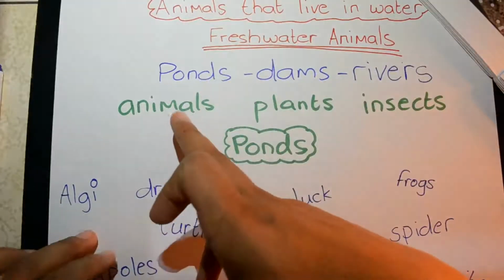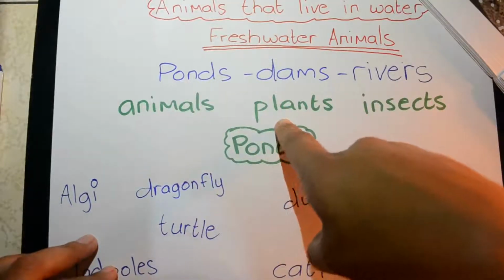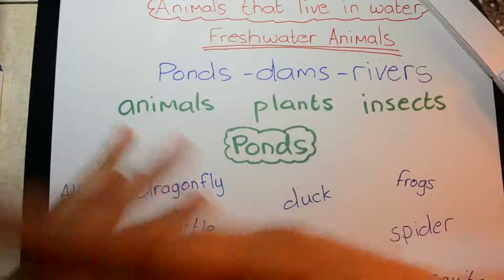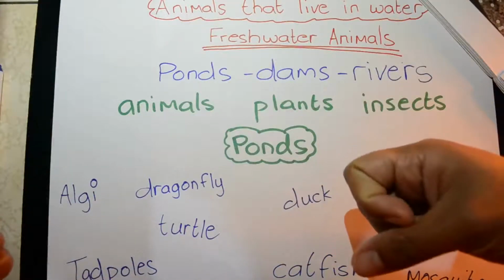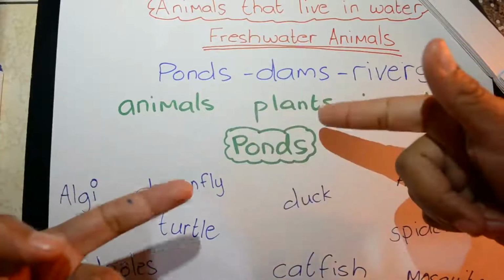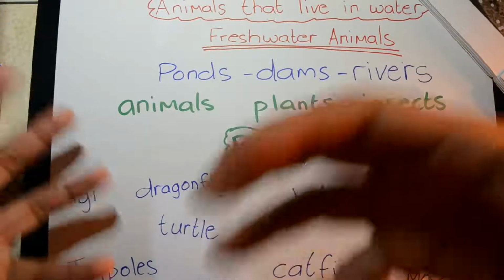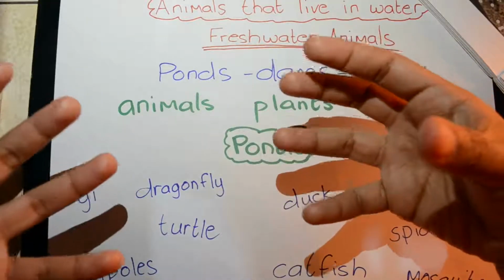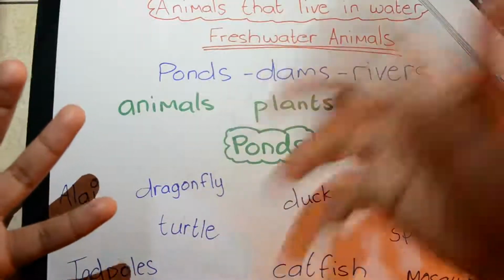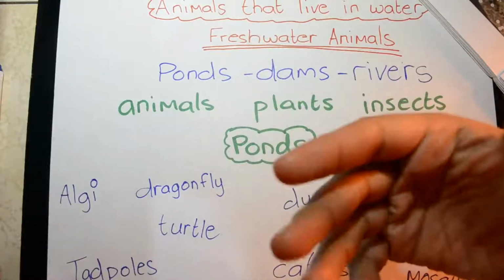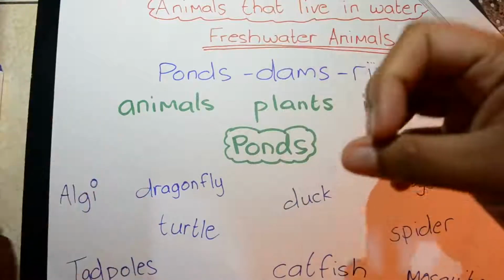In these places you'll find animals, plants, and insects, and they all live together to help each other survive. The animals and insects eat the plants, and the plants get nutrients from the water and the fish, and they also get sunlight.